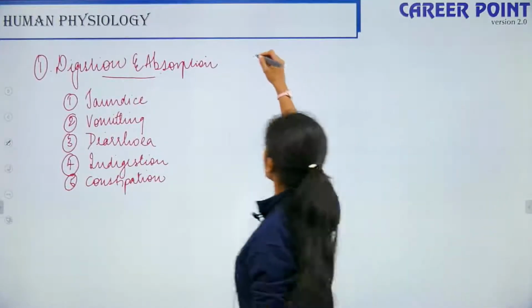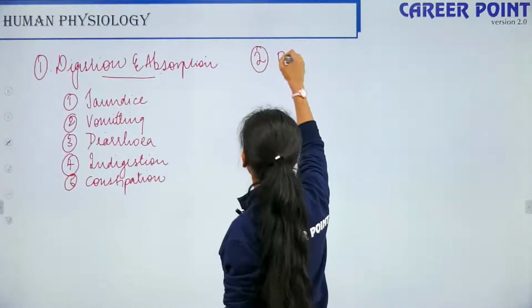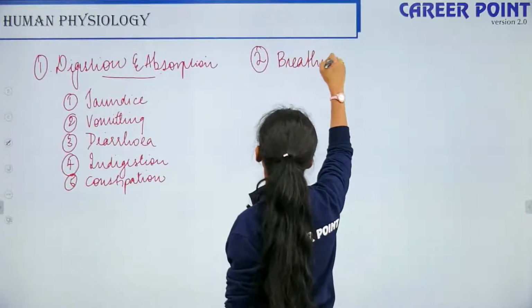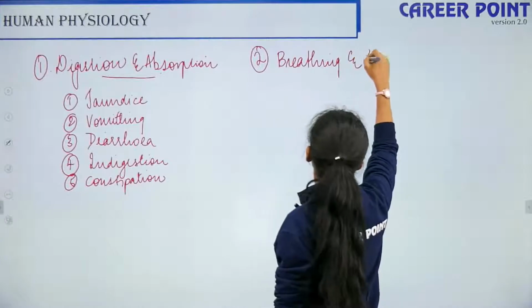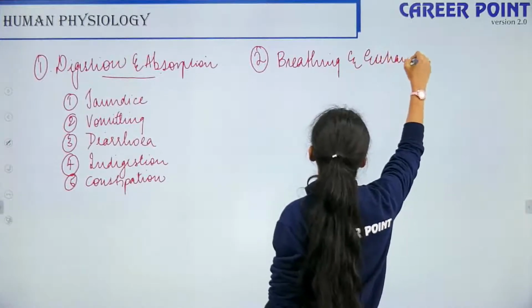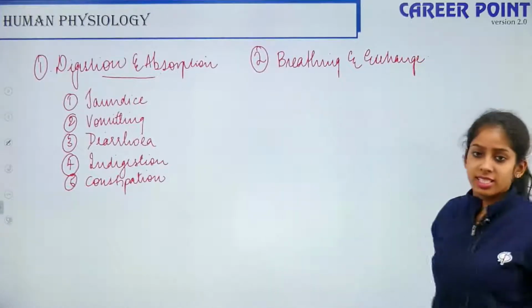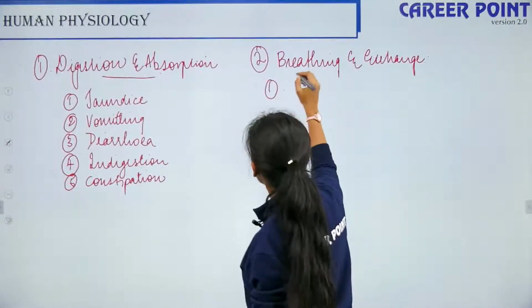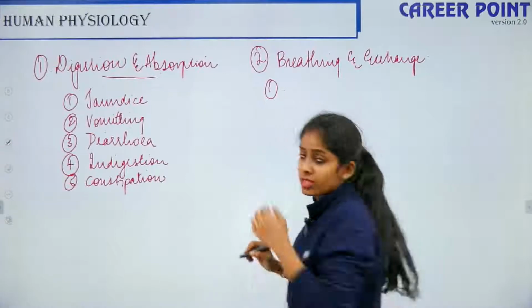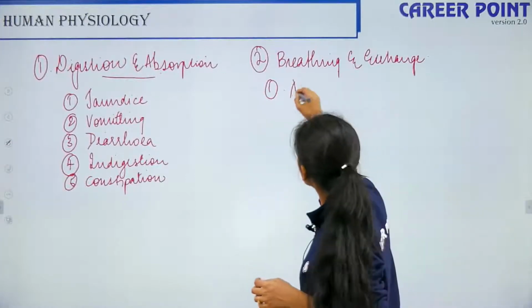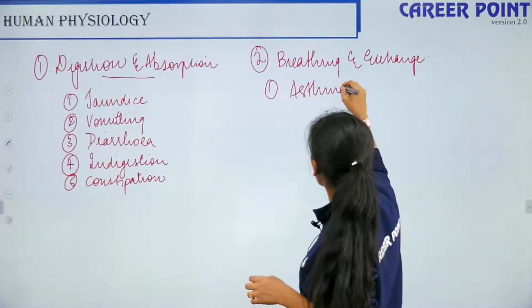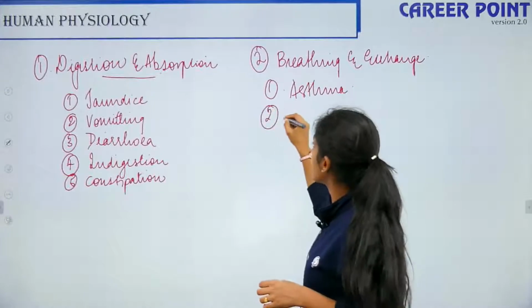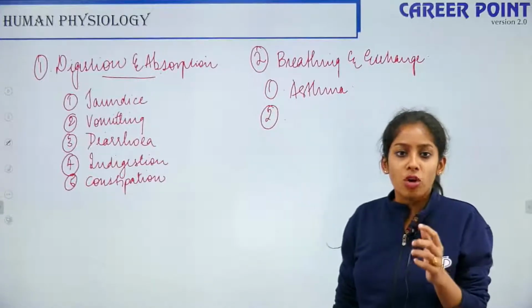The next chapter that we went forward was breathing and exchange of gas. What are the diseases that we spoke about? We spoke about only 3 disorders. The first one was bronchial asthma. What happens in asthma? The bronchus, the alveoli, gets blocked.